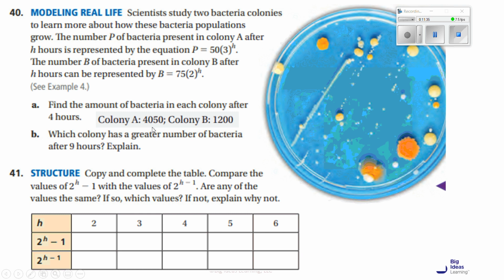So for colony A, I have 4,050. You might be saying that's not what you came up with, Mr. Hernandez. Remember, we said this was 3 to the fourth power. That gave us 81. 81 times 50. I might have given the wrong answer there. 81 times 50 should have been the first one.